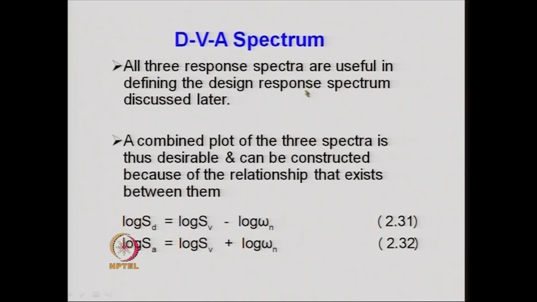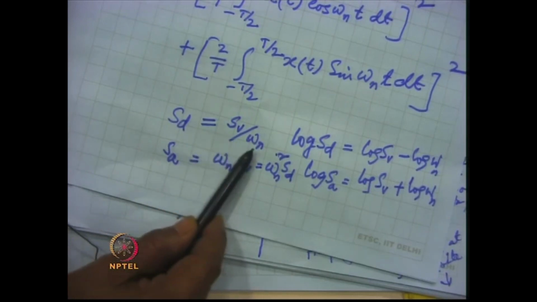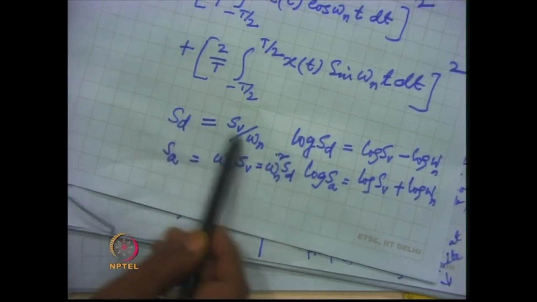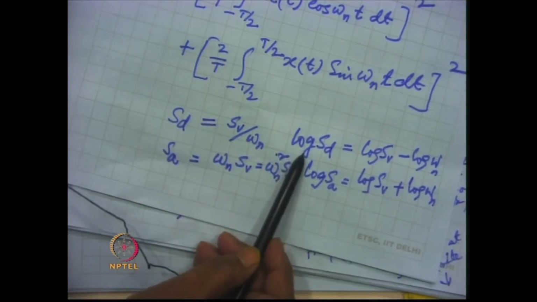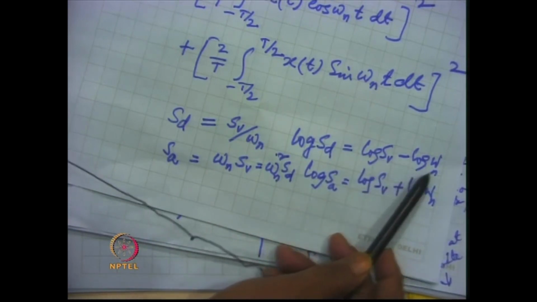A combined plot of the three spectra is desirable and can be constructed because of the relationship that exists between the three spectrums. For example, here we define the maximum displacement SD equal to SV divided by omega n, and therefore, by taking log, we can write that log SD is equal to log SV minus log omega n.